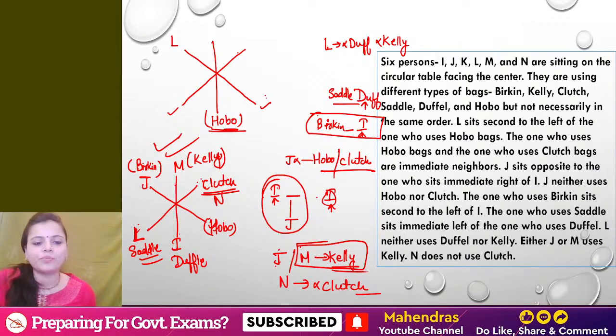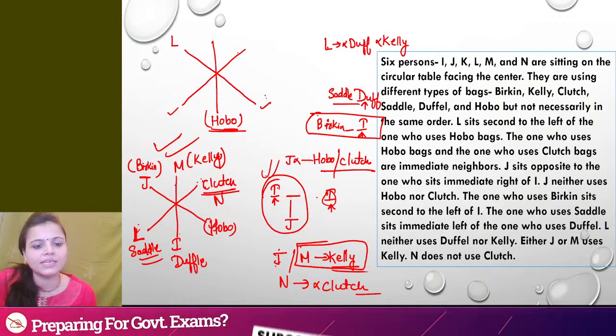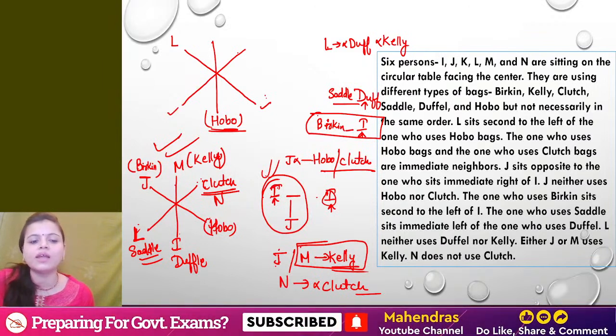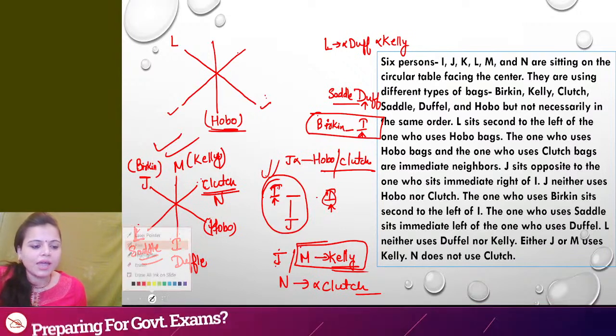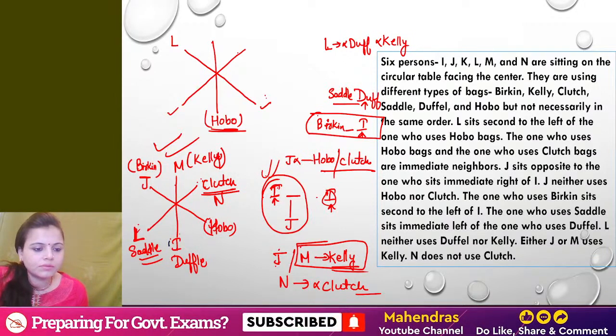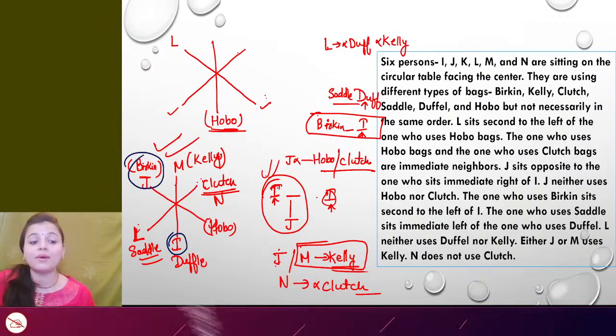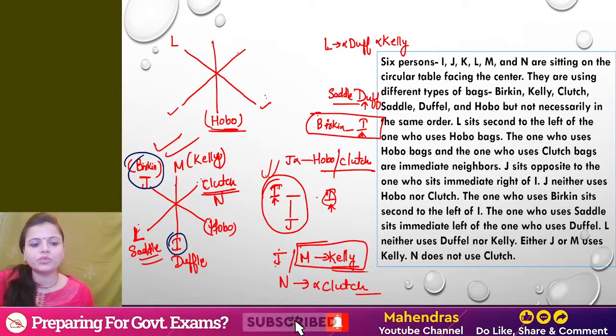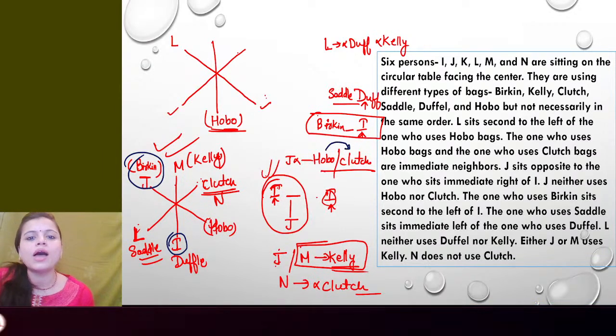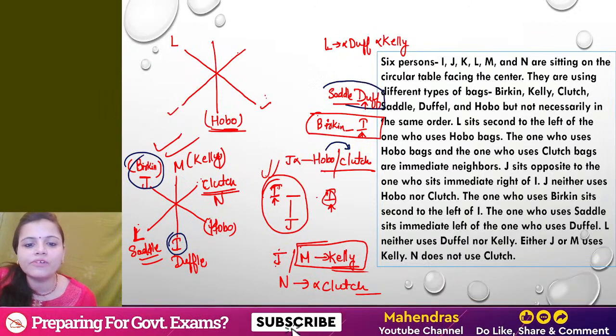Always start with the person who has the most hints. We get the maximum hint about I, so you can start with I. From I, J becomes Birkin. That means M becomes Kelly. Now you have to put the hobo, so that the clutch is an immediate neighbor of hobo, and you will get the places for duffel and saddle also.